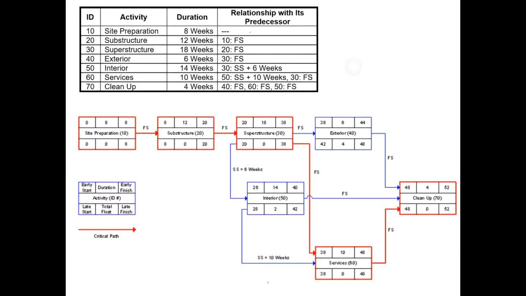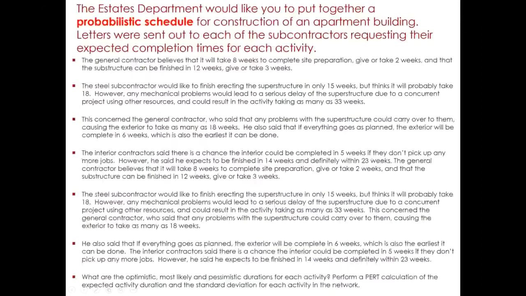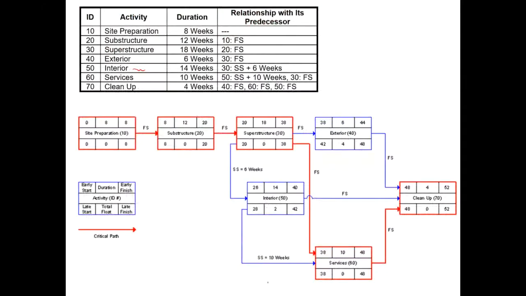So here you can see the first activity. In particular, you would need to see that interior has got a start to start relation with exterior. So if we look at interior, it has got a start to start relation with superstructures.